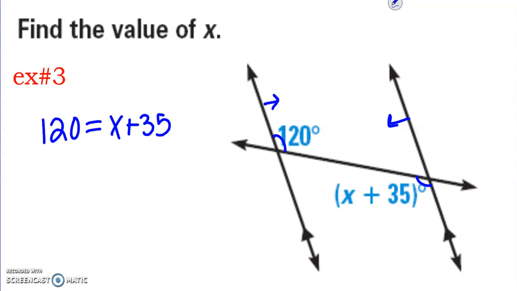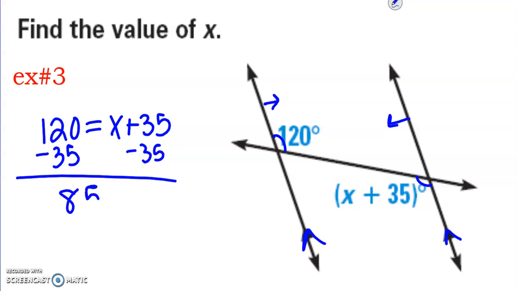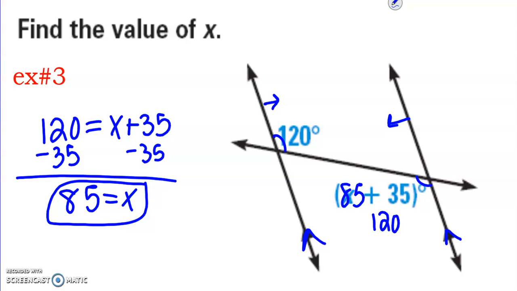They're equal if these lines are parallel, which they are. So let's subtract 35 from both sides, and we get 85 equals x. And if you were to plug 85 in here, you would see that this angle measure is 120 degrees. So they are in fact congruent.